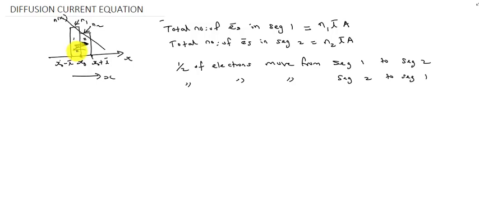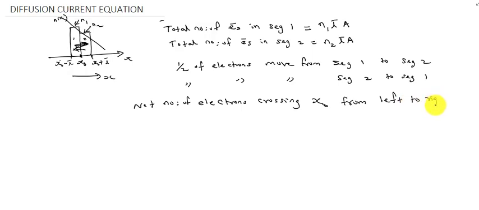So if we consider the net movement in the positive x direction through x0, we can say the net number of electrons crossing the point x0 from left to right.